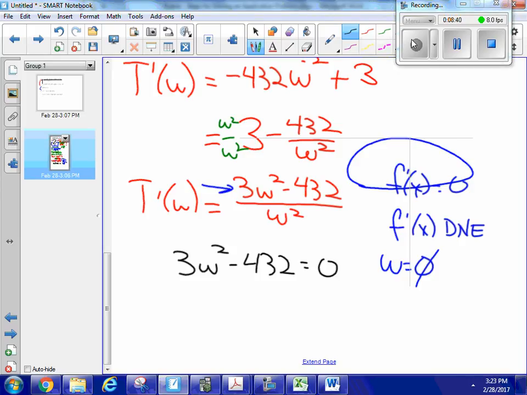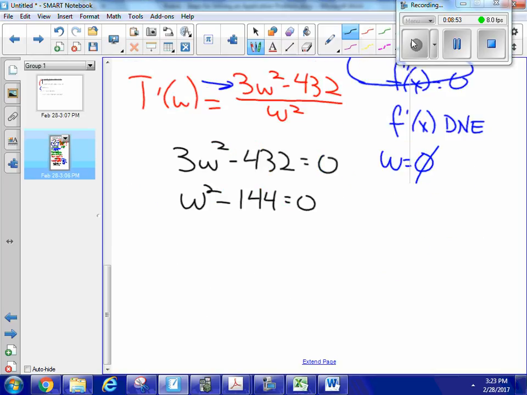And I'm going to factor out a 3. I'll divide both sides by 3, and I get W squared minus 144 equals 0, which is really nice because it's the difference of two perfect squares.